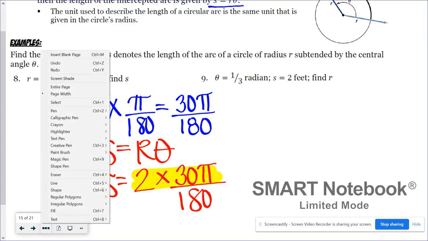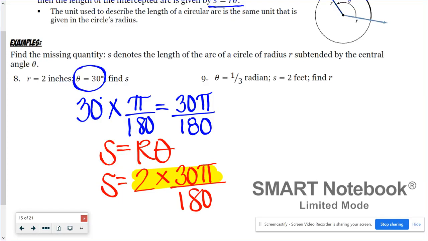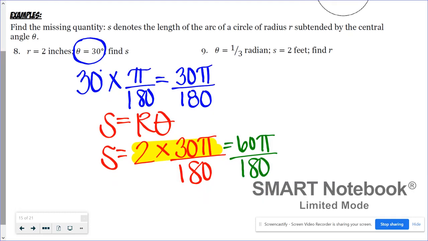So I can go 2 times 30 pi, and that's going to be 60 pi over 180. Now, if I want an exact answer in simplified form, I would simplify the 60 over 180, and that's going to be 1/3. So the arc length is equal to 1/3 pi.